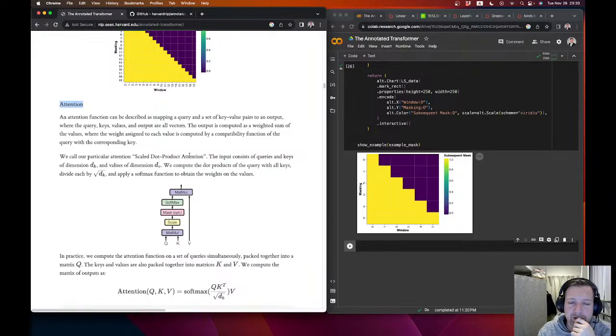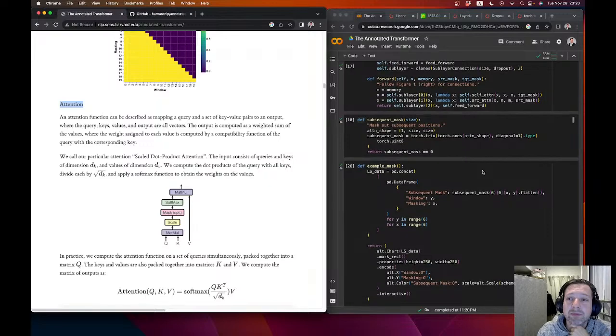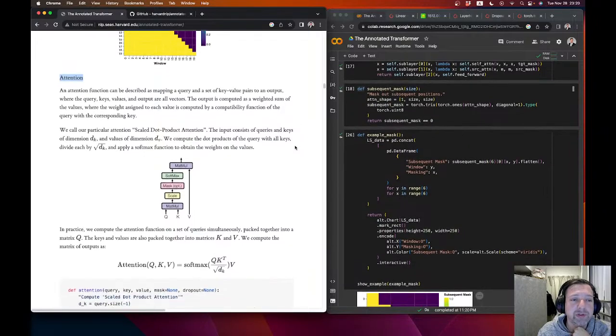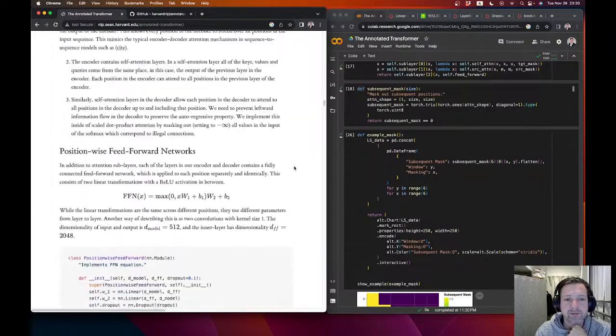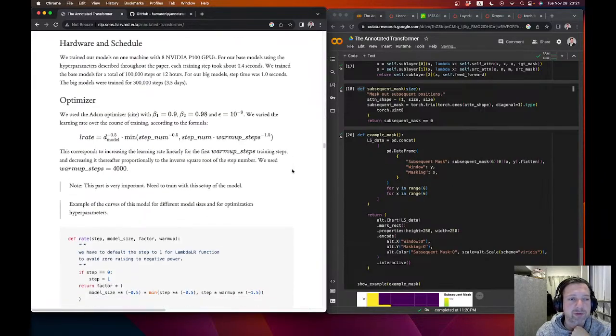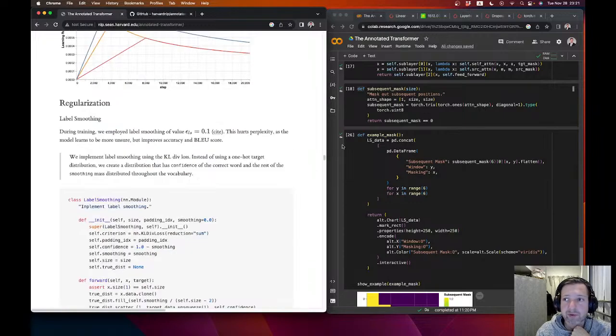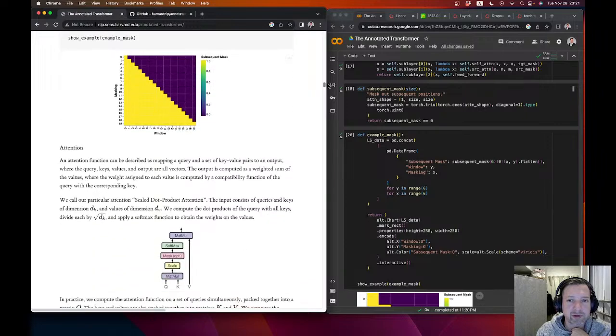Okay, finally, so now attention. An attention function can be described as mapping a query. Oh wait, how much is this? I think we'll have to continue this tomorrow, because it's already 20 past 11 here, and we're only maybe 25% through.